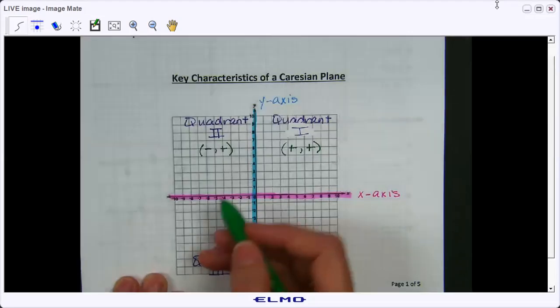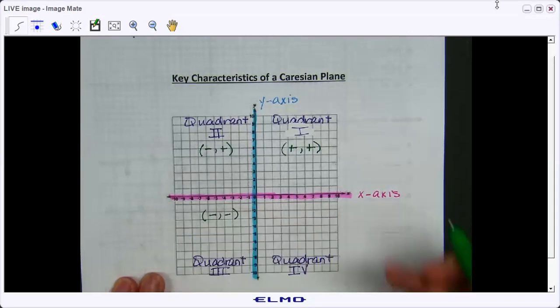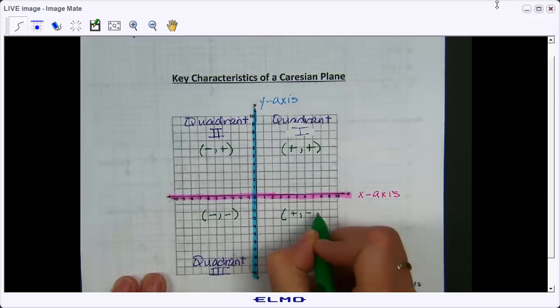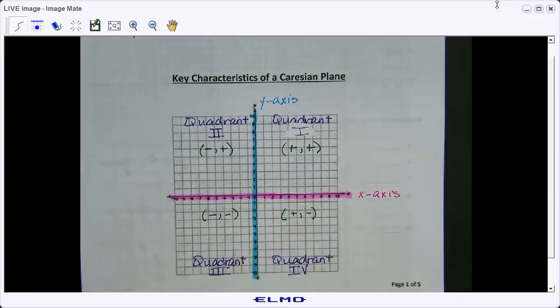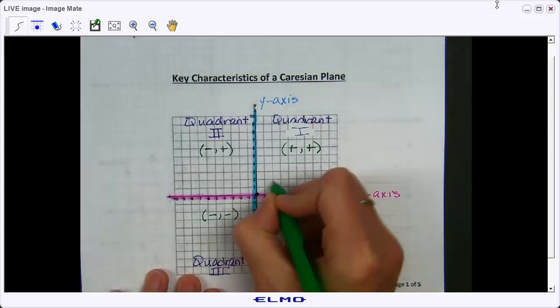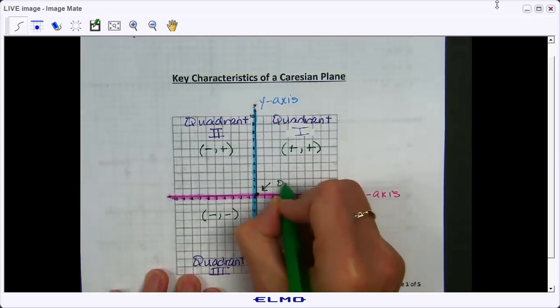When you graph in quadrant 3, both of your numbers are negative. And when you graph in quadrant 4, the first one is positive and the second one is negative. And then there's one last thing right here. This is called the, anyone? Origin.